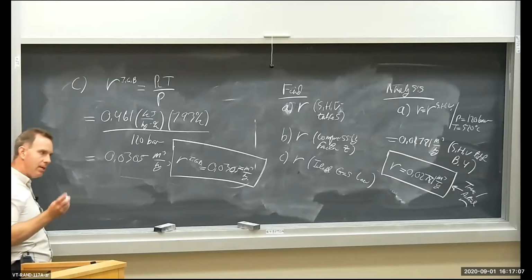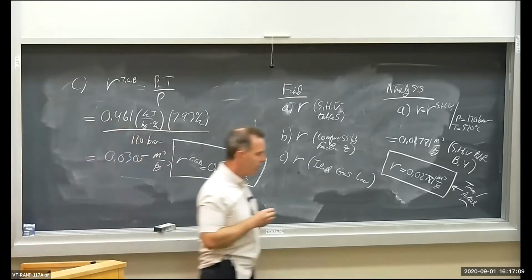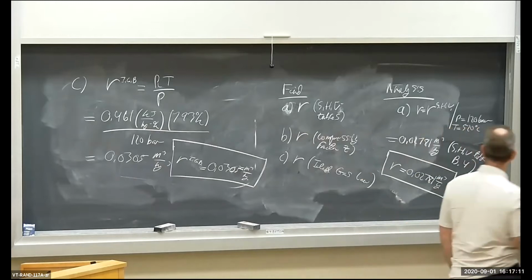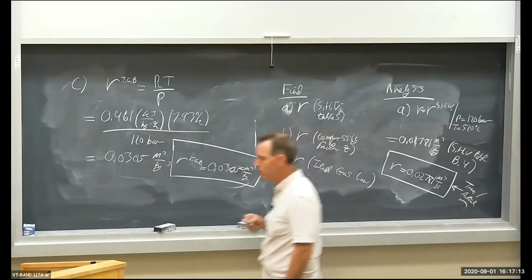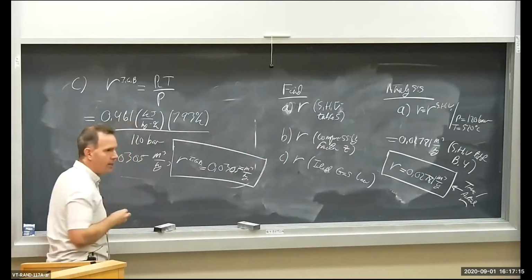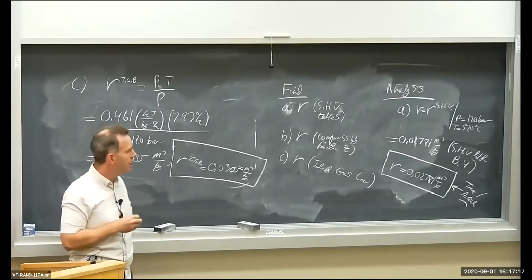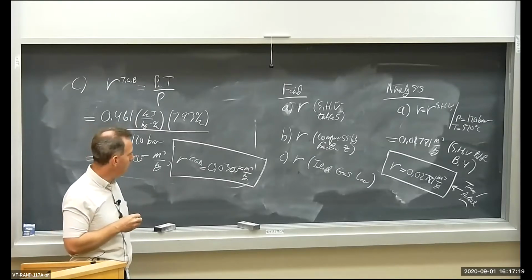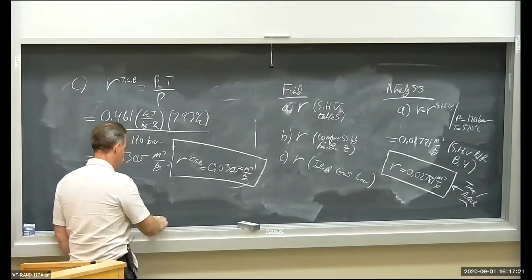Why is that? Because earlier we noted that the reduced temperatures and pressures were not in the correct range to assume Z is approximately equal to 1, ideal gas behavior.